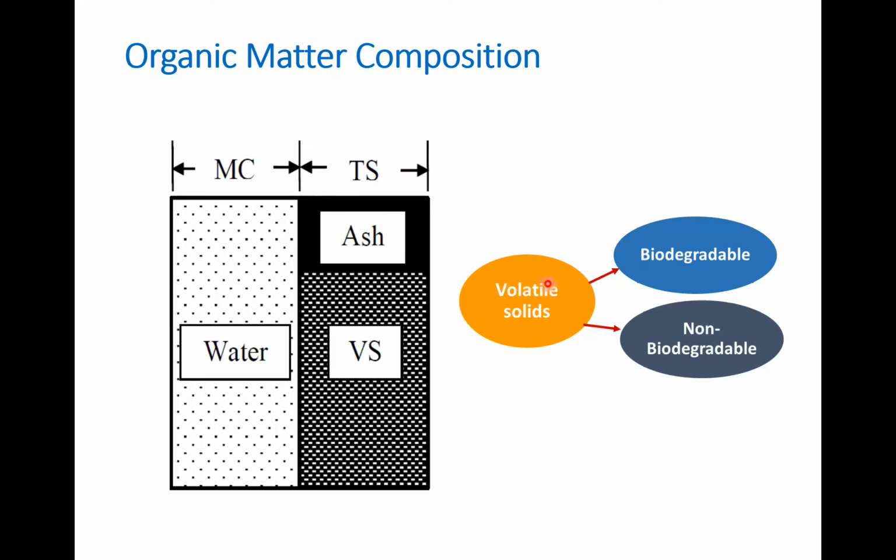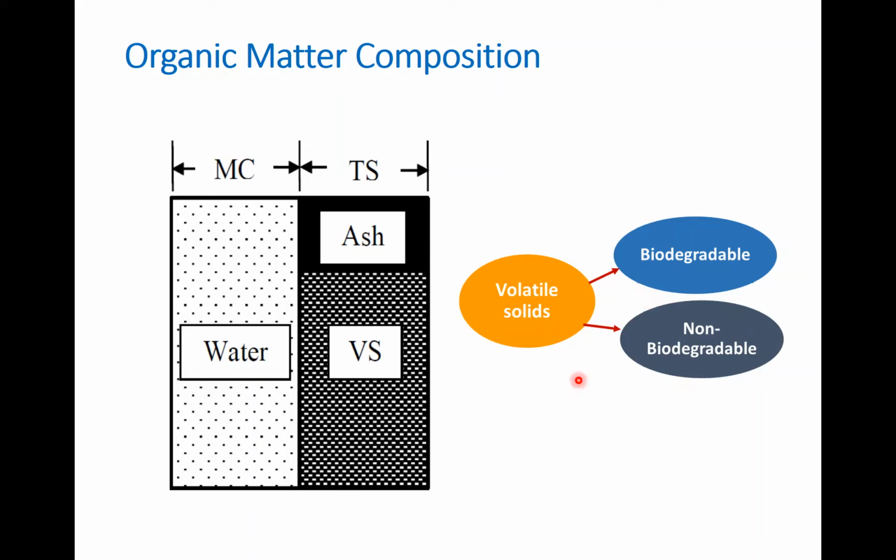If we look at the volatile solids, which is VS here, it can have a biodegradable fraction and a non-biodegradable fraction. But today, we are going to determine them in the laboratory without differentiating between the biodegradable and the non-biodegradable fractions.